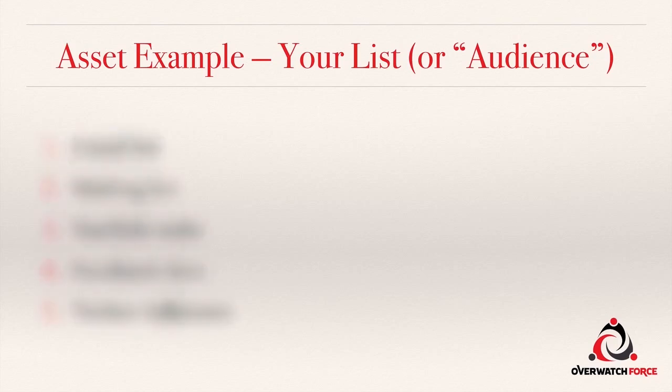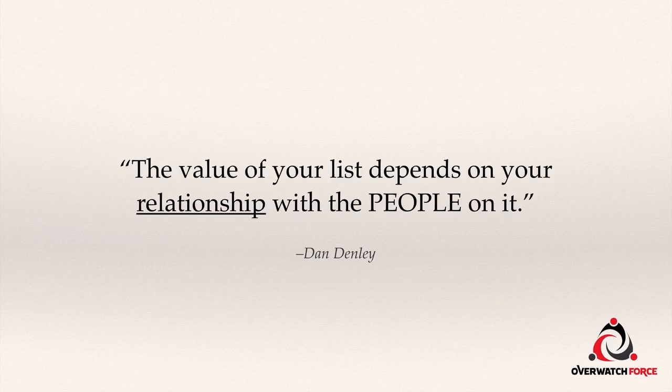And for our purposes, we're just going to focus on one list for this presentation. That's going to be email list, right? So the value of your list depends on your relationship with the people on it. And I think we forget sometimes that our list, those are human beings, and they deserve to be treated like human beings, okay? They're not a herd of cattle. They're human beings. Make sure you remember that.